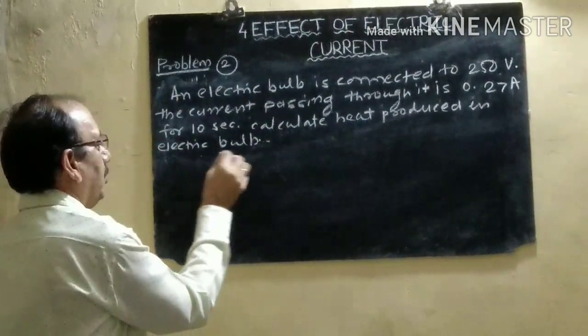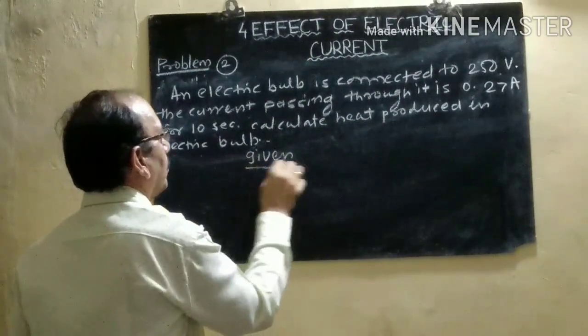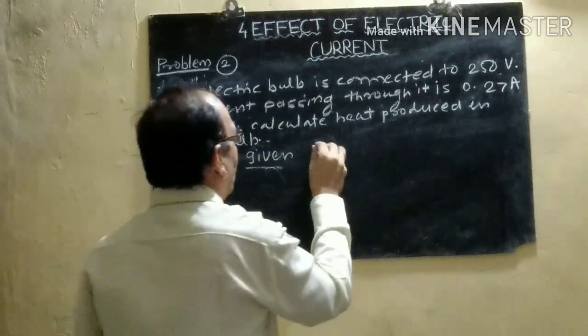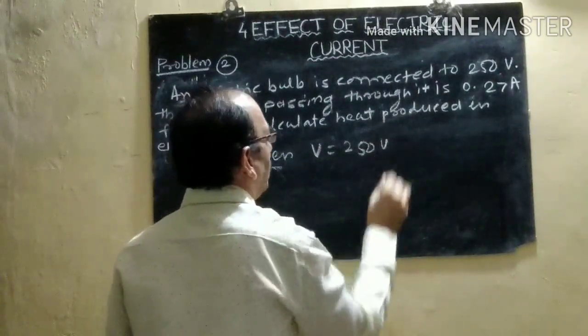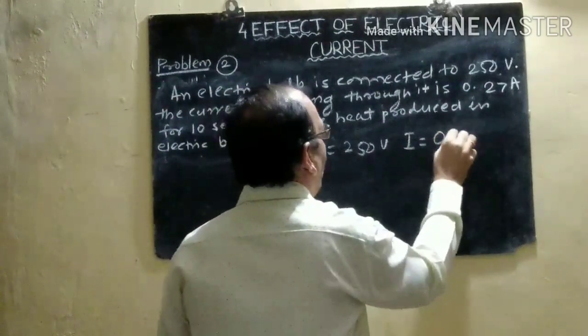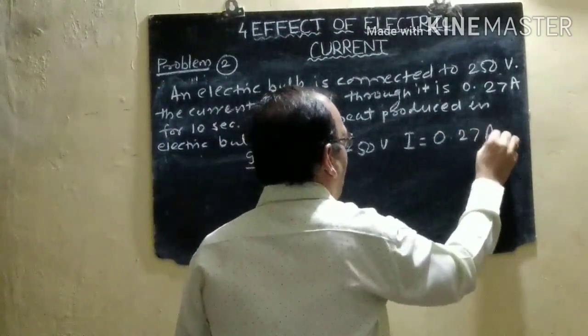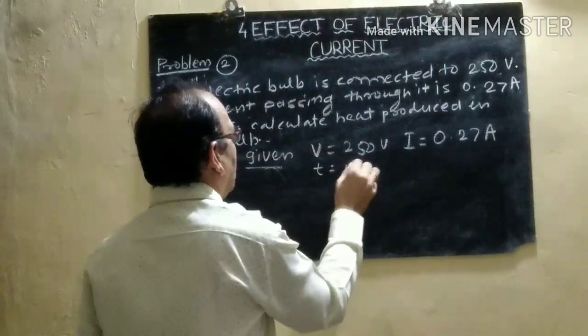First of all, we write the given data. Here, the potential difference is given as 250 volt. The current I is given as 0.27 ampere and the time is given as 10 seconds.